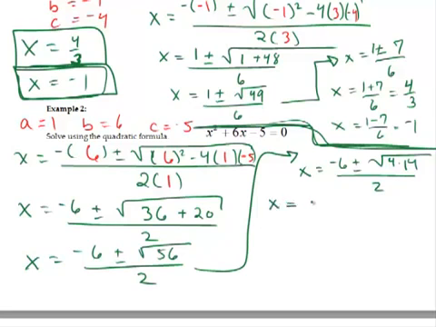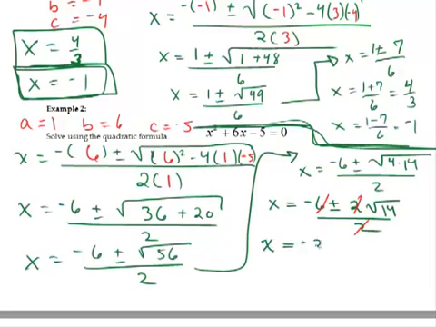This means that we can have negative 6 plus or minus 2 root 14 all over 2. Now, we can simplify, yes, but you need to make sure that you're not only simplifying from the first term, but also the last term and the bottom term. All three of those. So many people will do only the negative 6 and the bottom 2. It must be all three pieces that it's coming out of.